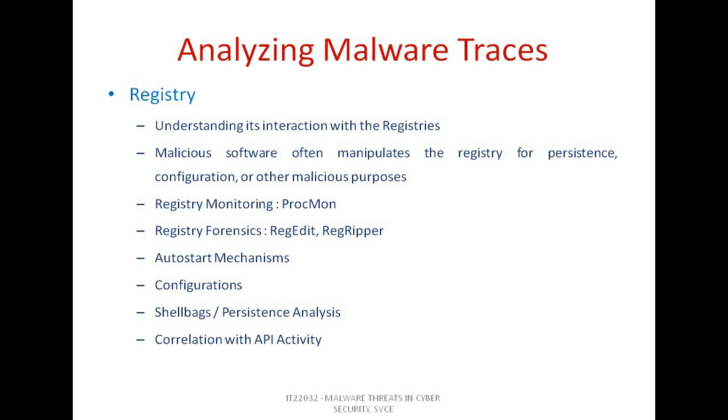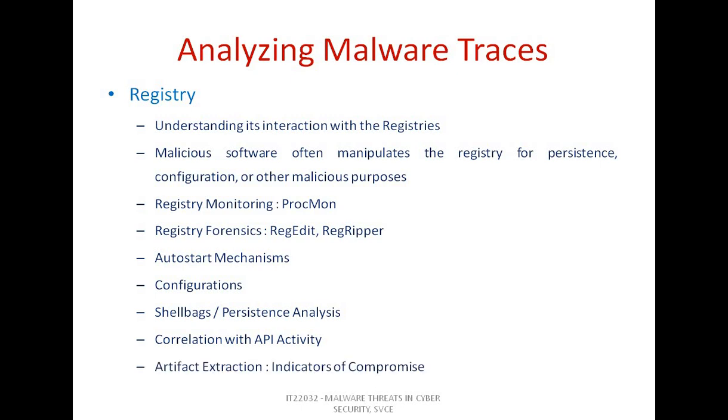And correlation with API activity: mostly the malware will try to modify the registry, so we look at the API calls being made to the registry and observe what is being done during the dynamic process. We will also be able to identify, based on the activity, how the malware got escalated privilege to access the registry.